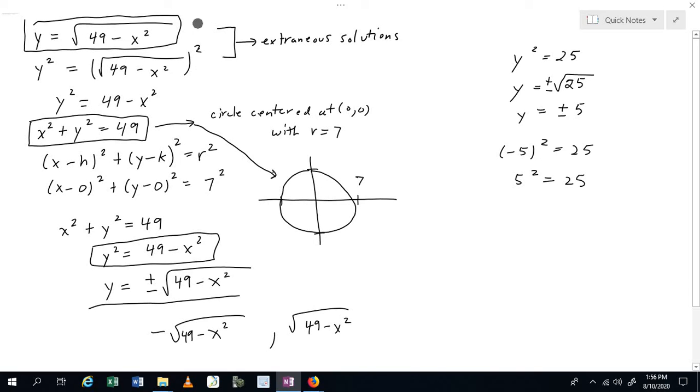Now, the graph of this equation is the one that we really want. If we were to graph just that equation, it actually would look like this semicircle, the upper half of this circle.